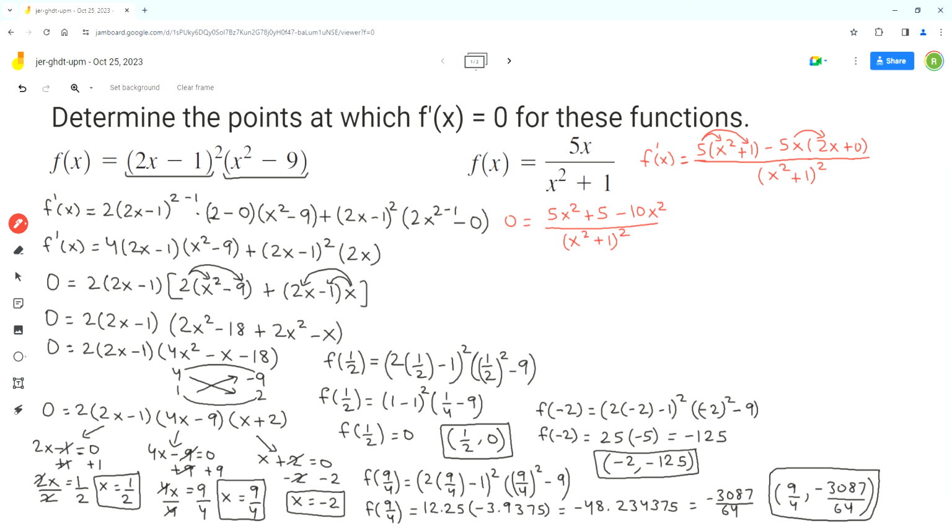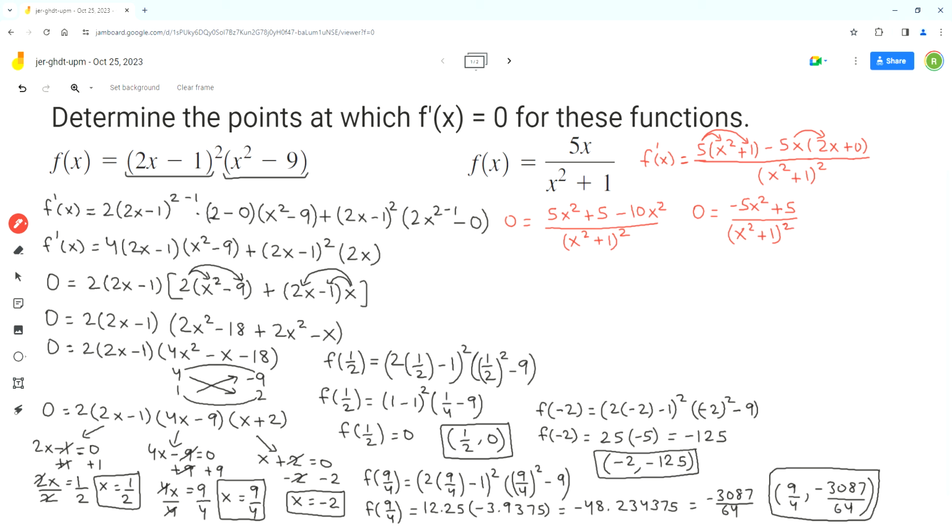Now we can simplify the numerator by combining like terms, 5x squared and negative 10x squared. So we get 0 equals, 5x squared minus 10x squared is equal to negative 5x squared, plus 5 over x squared plus 1, squared.